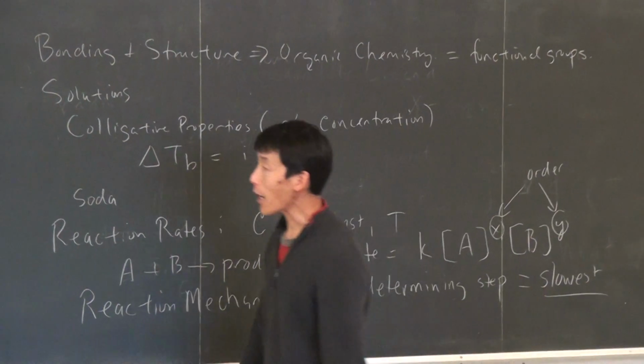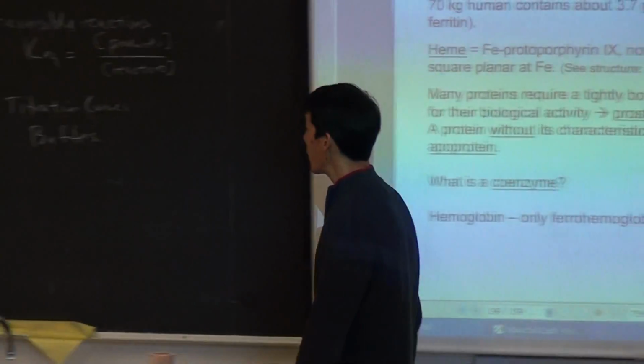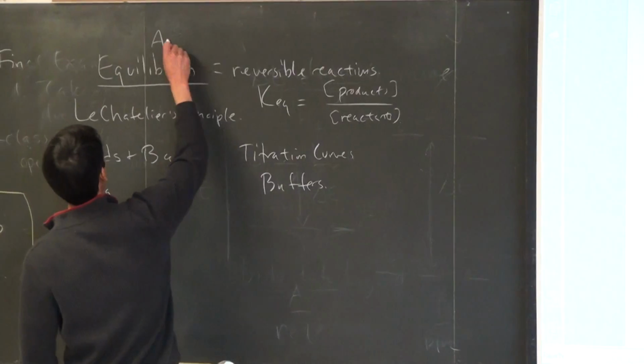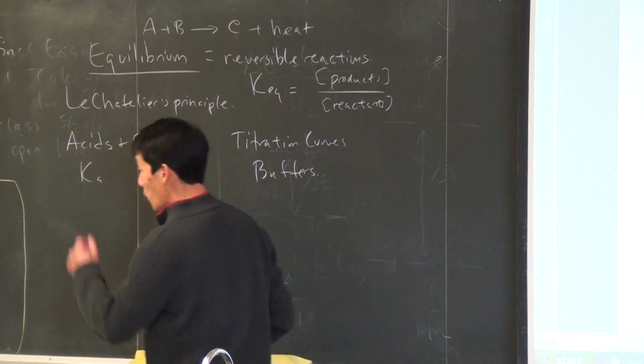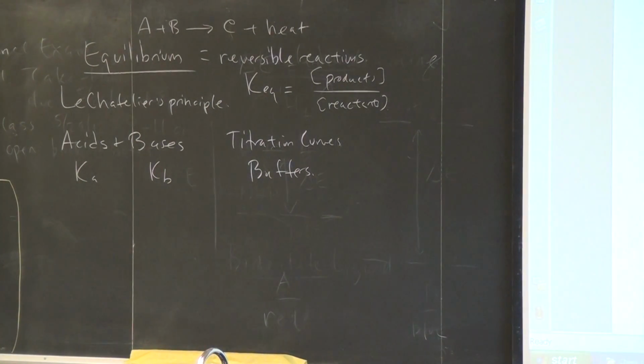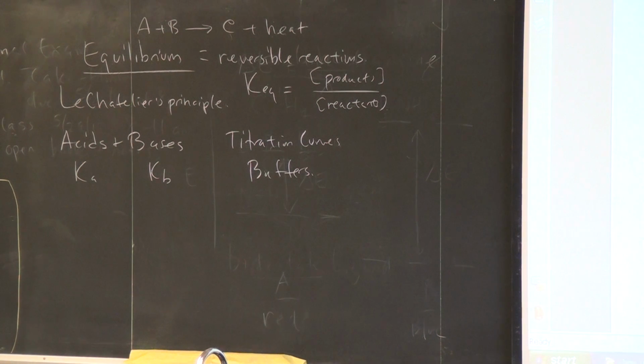But if you have an exothermic reaction in which heat is a product, because you have A plus B going to C plus heat, if you increase the temperature, what happens to the direction of the equilibrium reaction? It shifts toward the reactant side. So by increasing the temperature for an exothermic reaction, is that going to improve the percent yield of the product? So if you wanted to increase the rate of reaction and also increase your percent yield, rather than increasing the temperature, what did you do? You use a catalyst. Find a catalyst to use.